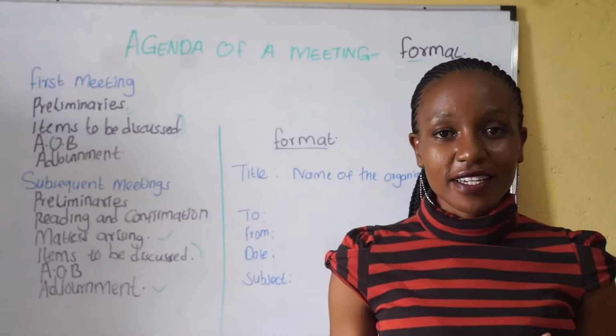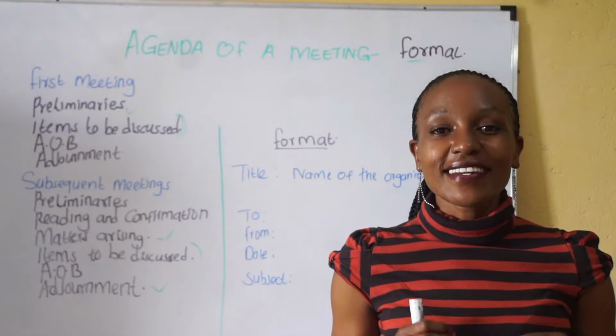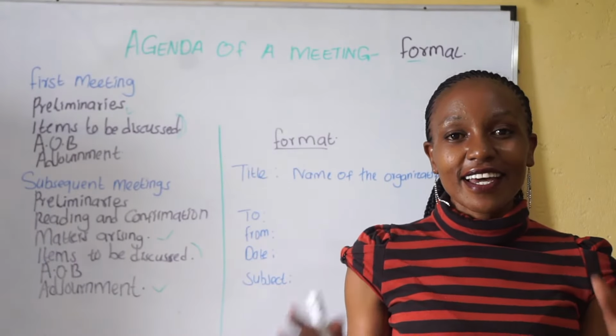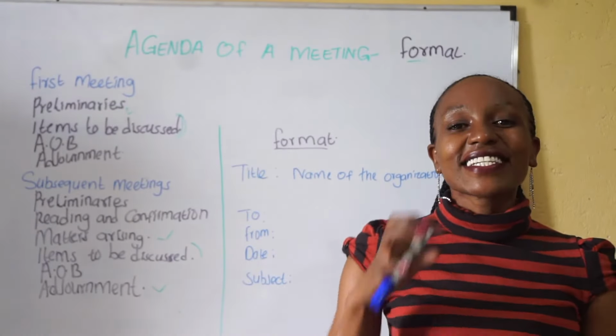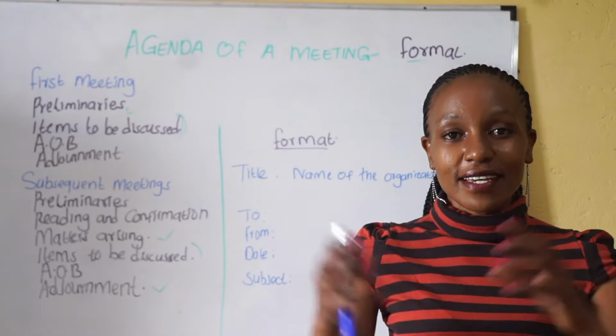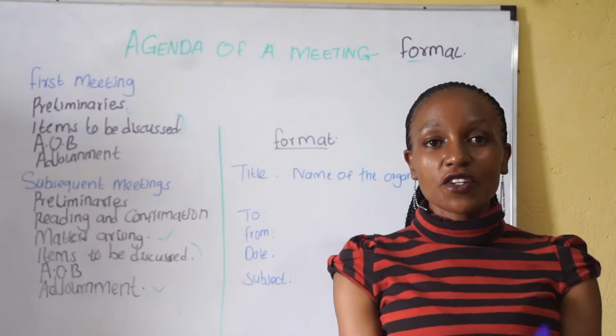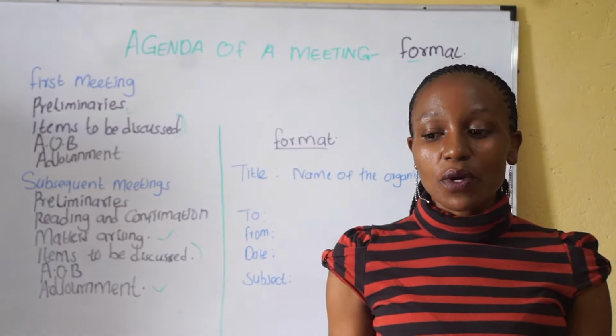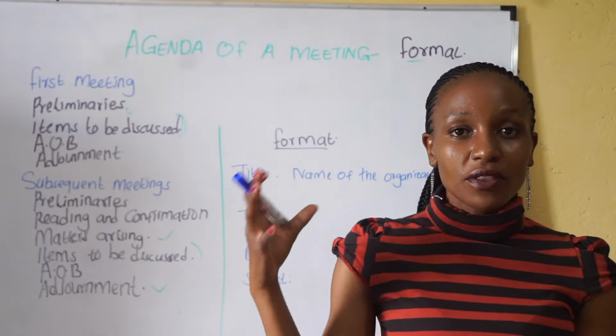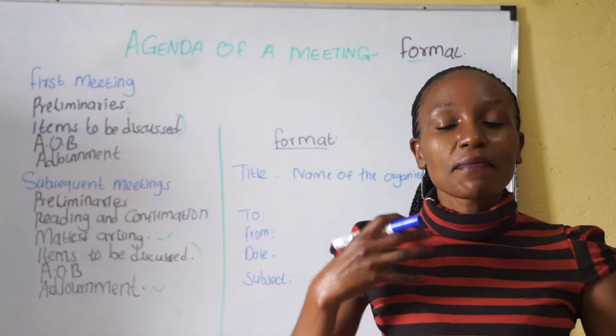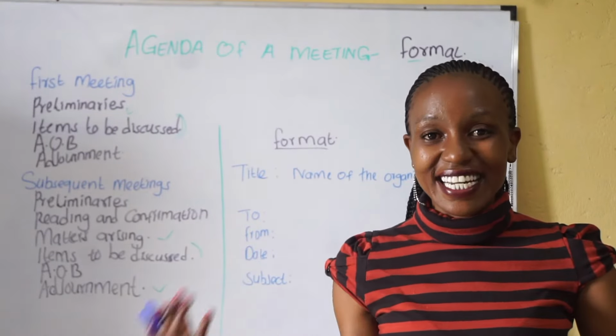Before we begin writing, we'd want to understand what an agenda is. An agenda is the list of items to be discussed in a meeting. Let's say we are members of the journalism club and we want to call a meeting. We call that meeting because we have some issues that we want to discuss.